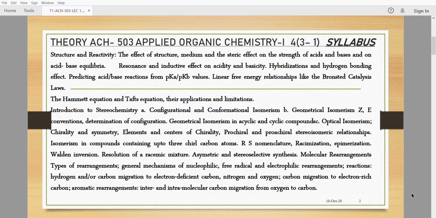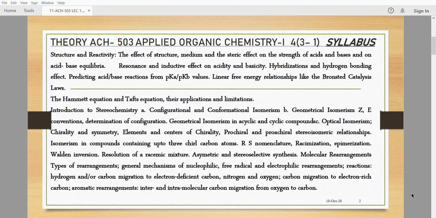Now, if we see the syllabus, you have three main or major topics which will be covered during this course. One is structure and reactivity. Second, stereochemistry. And then rearrangement, molecular rearrangement.